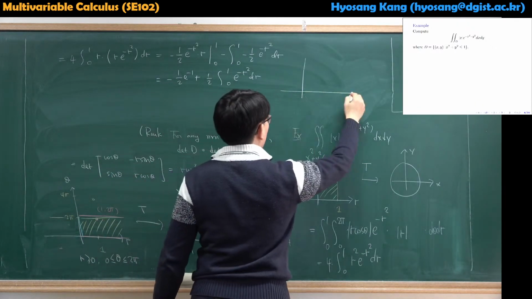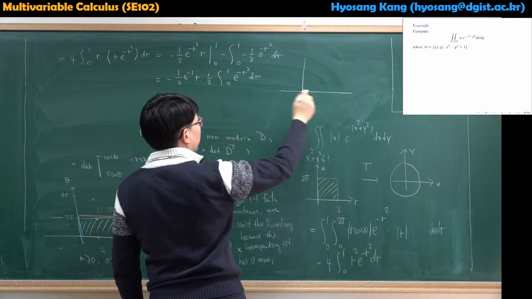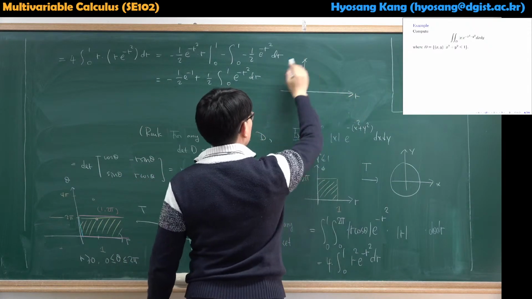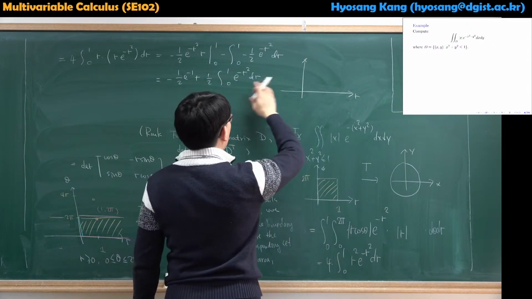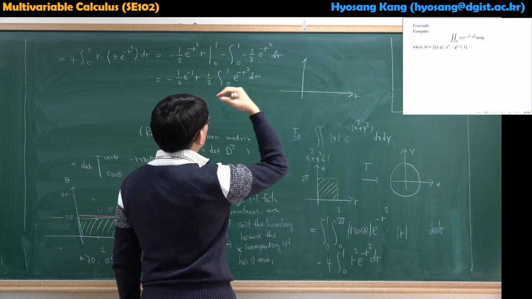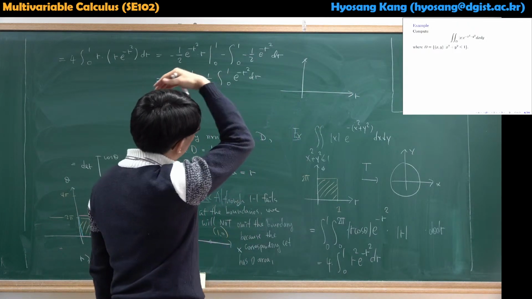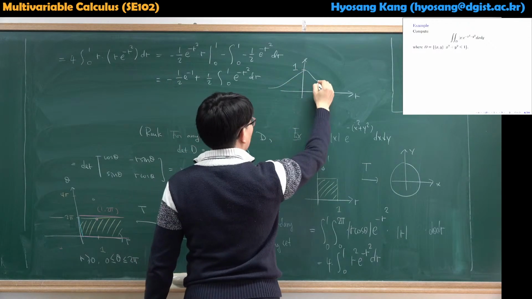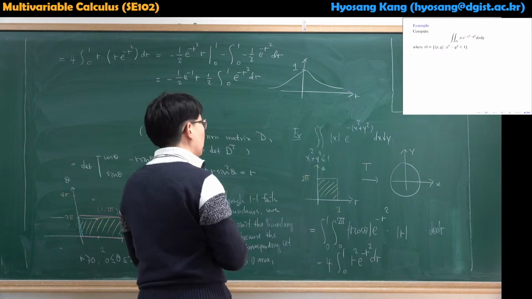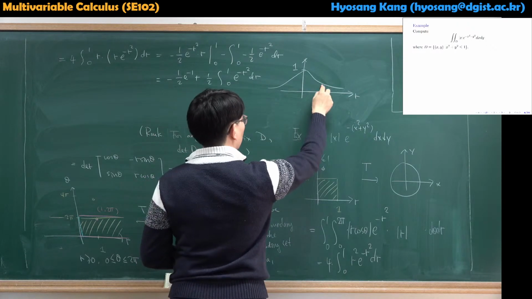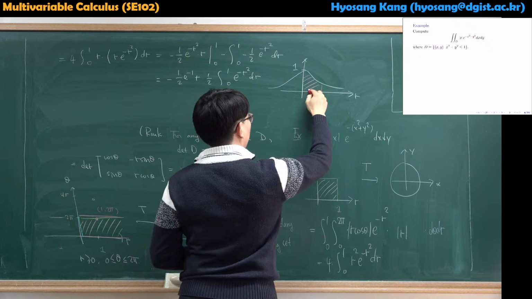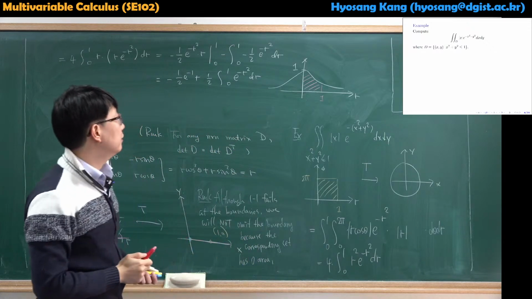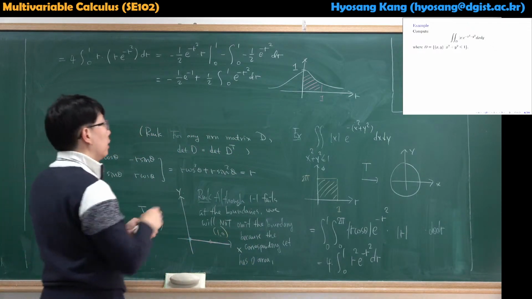It's a definite value. So e to the negative r squared in terms of the r-axis starts at 1, and when r goes to infinity, it becomes 0. It looks like this. So basically, I'm taking an integration from 0 to 1, and the area under this curve is the integration.